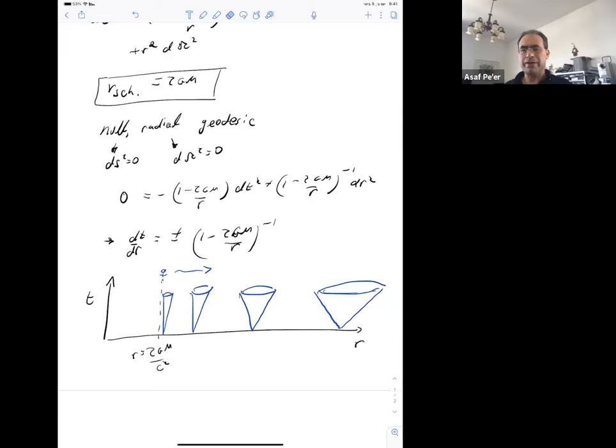But I said this is, in some basic sense, an artifact, because there's nothing special happening in the curvature of space-time at this point. From the local astronaut's point of view, he will be able to cross that without even noticing. You won't even notice that anything special happens there.